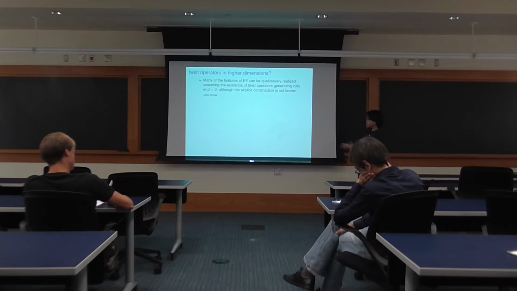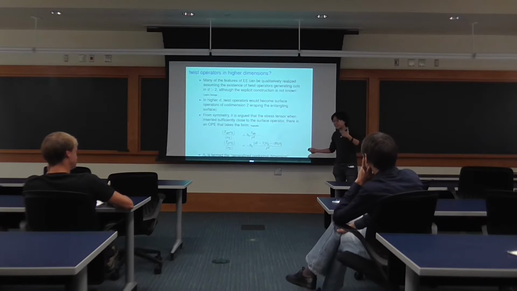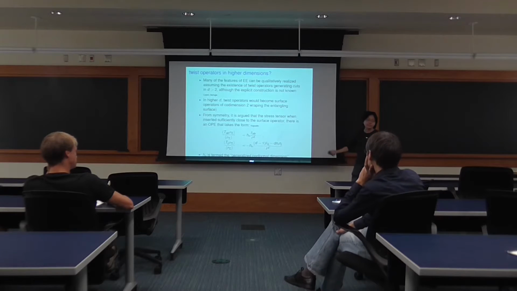But people have argued that if you just assume that these operators exist, you could reproduce most of the features that are known about Rényi entropies. Also, in higher dimensions, the entangling surface would be an extended object, so there would be an extended object of dimension 2 wrapping the entangling surface. And people have thought about the properties of surface operators in general.